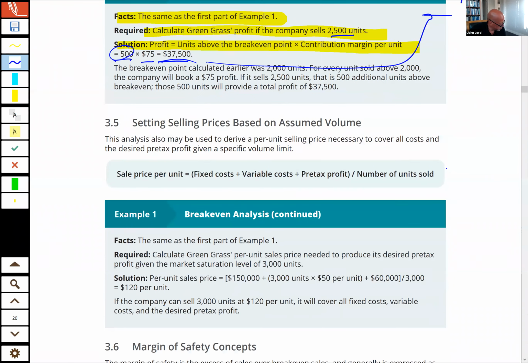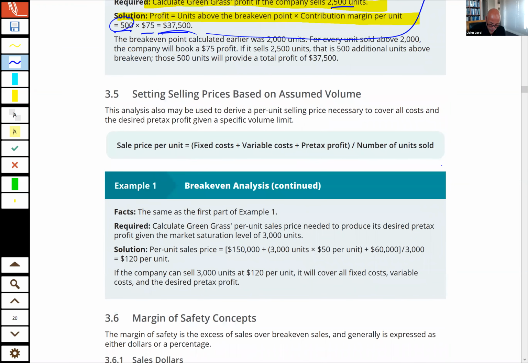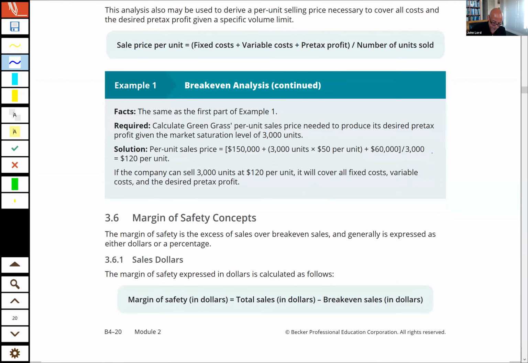Okay, good. Now we also have this idea of margin of safety. Margin of safety is basically saying, how much above my break even am I? It is simply your total sales dollars minus your break-even sales dollars, which gives you your margin of safety.